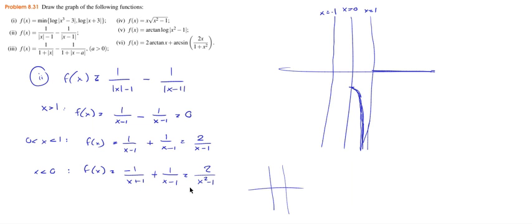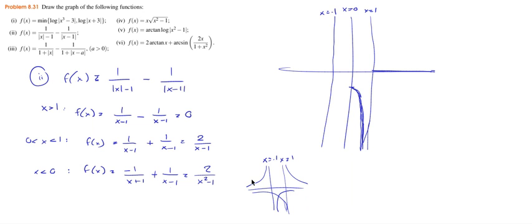So we have 1 over x minus 1 is going to be like this, right? And then minus 1 over x plus 1 is going to go like this, and like this, right? So this is x equals 1, and in the middle you have 0.